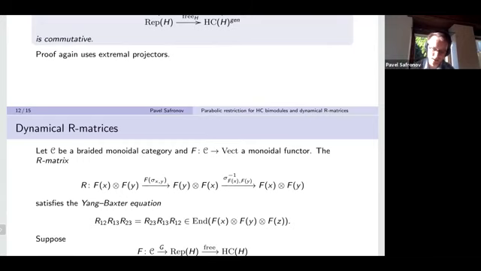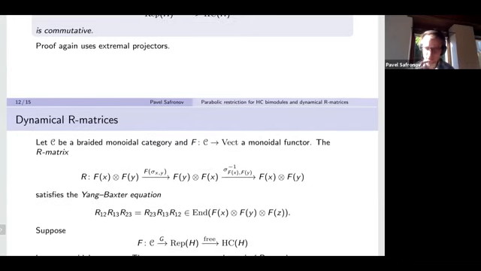R23 means you act on Y and Z and don't do anything with the X. R13 means act on X and Z, don't do anything with the Y, and R12 means act on F(X) and F(Y), don't do anything with the Z. Okay, and this follows from naturality and the hexagon axioms.